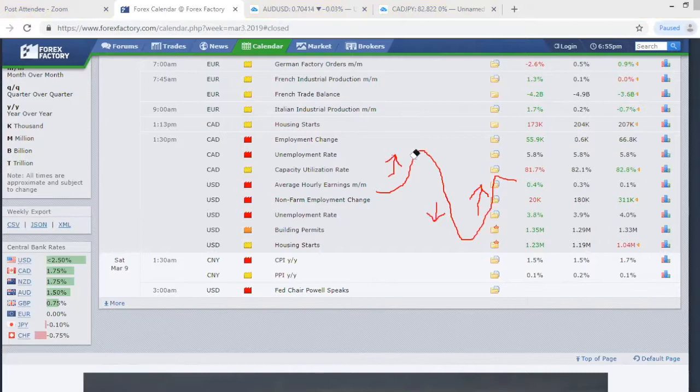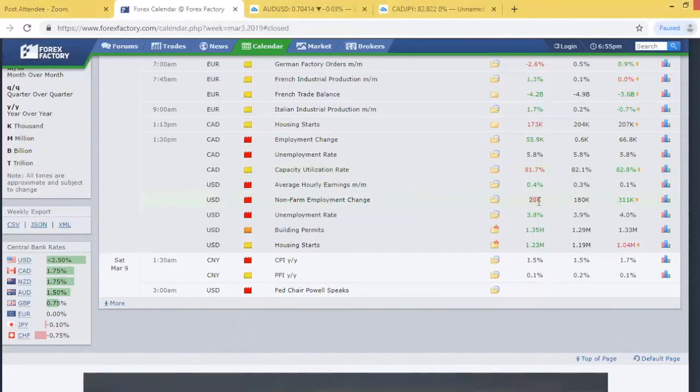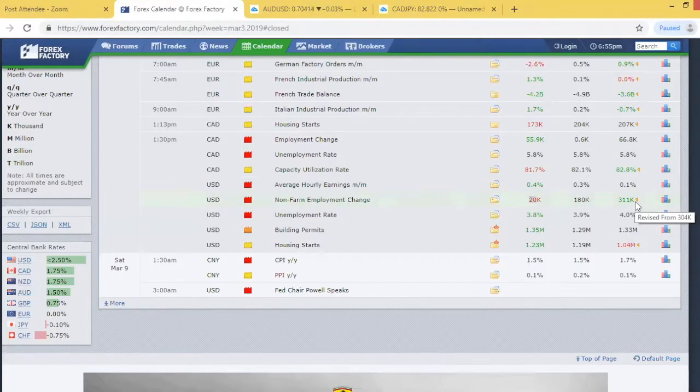Now, I would have personally expected a much worse reaction for the US dollar, given that the figures were just 20,000, down 200,291,000 from the previous result. I was expecting the US dollar to sell off quite significantly, but it hasn't.